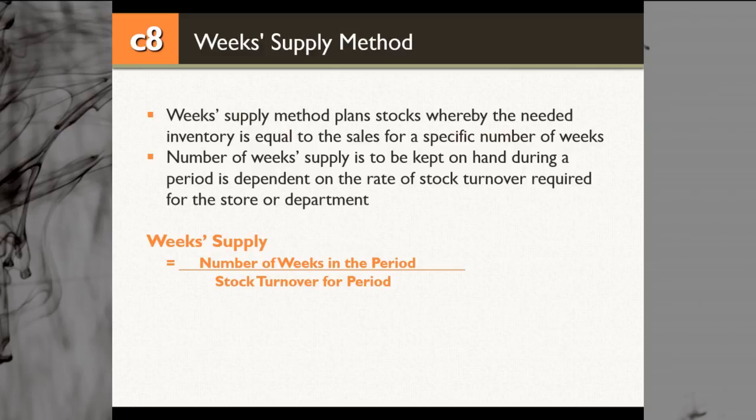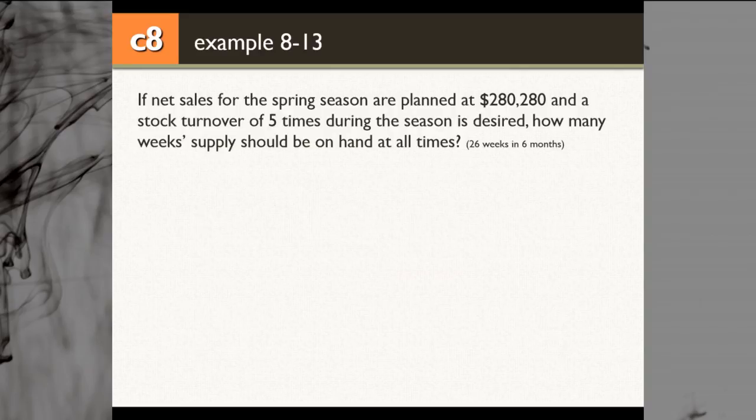So here's a way you can calculate weeks of supply. You're calculating your planning inventory, planning stock, based on these weeks of supply. You can calculate it as the number of weeks in the period divided by your stock turnover for the period. Let's look at this example.